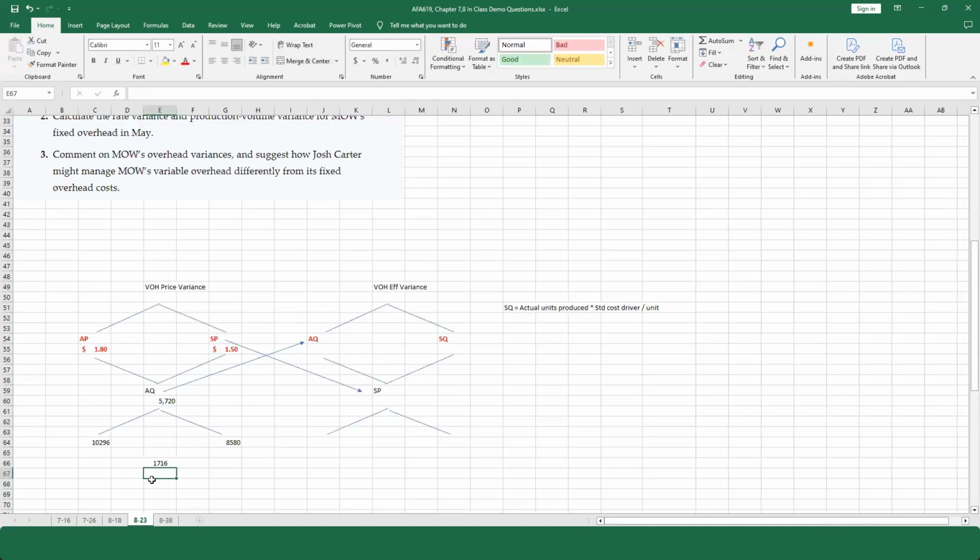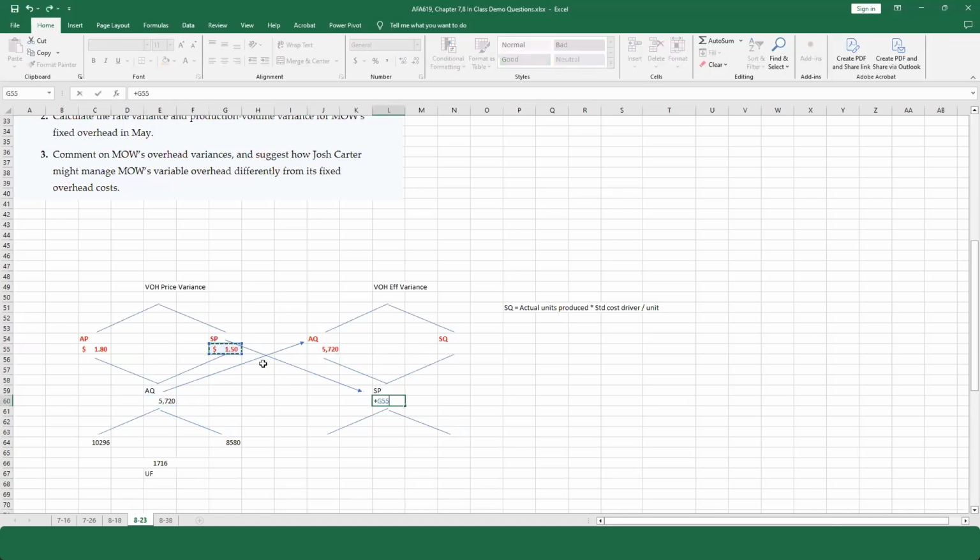So now I can see that, don't forget, we look in the diamond to see if it's good or bad. We were supposed to have an application rate of $1.50 and we had an actual application rate of $1.80. This is bad, unfavorable. So we know the variable overhead price variance was unfavorable, $1,716.